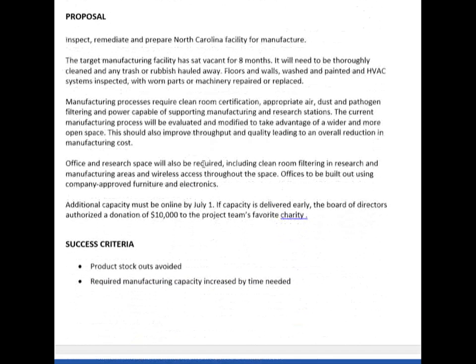So our proposal, what we want to do to resolve the problem of potential stockouts, is inspect, remediate, and prepare this facility for manufacture of this product. And we go into a description of some of the elements of the project that we have to be concerned about: clean room certification, cleaning a plant that's been vacant for 8 months, a modification of the manufacturing process to reduce overall cost.